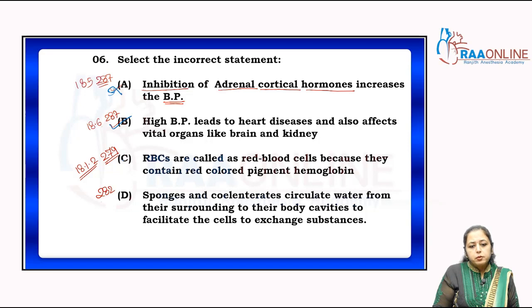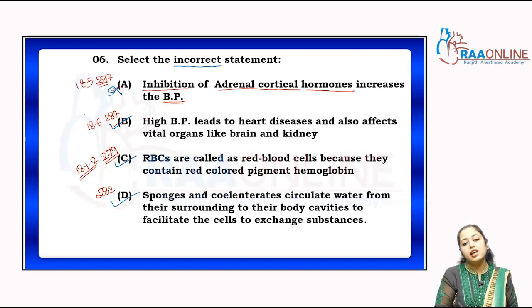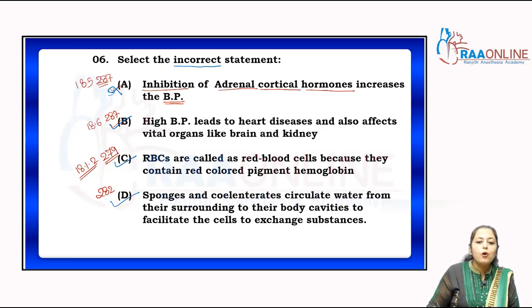RBCs are called the red blood cells because they contain the red colored pigment hemoglobin, exactly, this is correct, right? And sponges and coelenterates circulate the water from their surroundings to their body cavities to facilitate the cells to exchange substances, exactly, that is also correct, right? So in that question he asked about the incorrect statement, so the answer is A, right? So you have to correlate all the information. Clear?